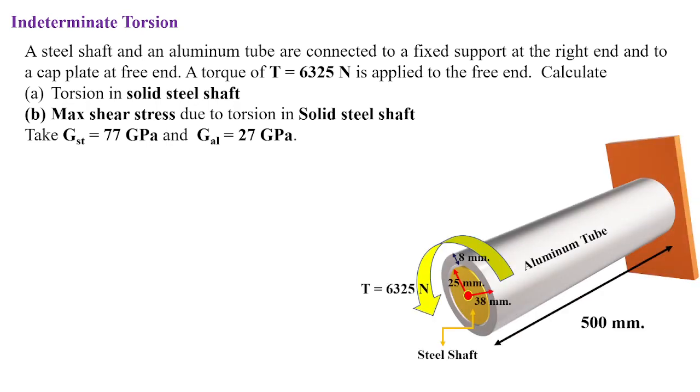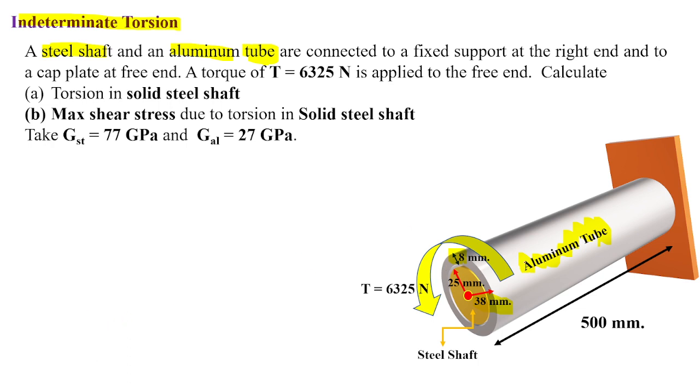In this example, like the previous problem you reviewed, we have an indeterminate torsion example: a steel shaft embedded in an aluminum tube. The external part is an aluminum tube with an outer radius R2 of 38 millimeters and a thickness of 8.